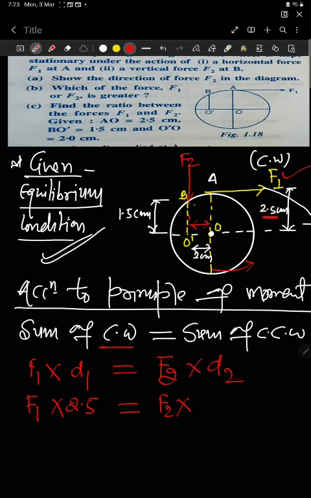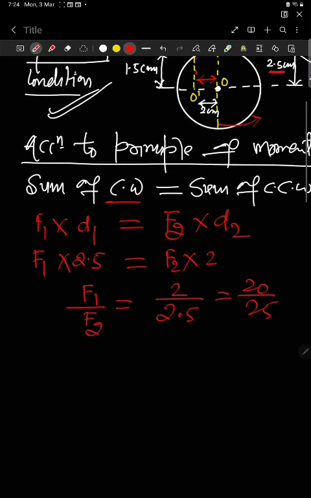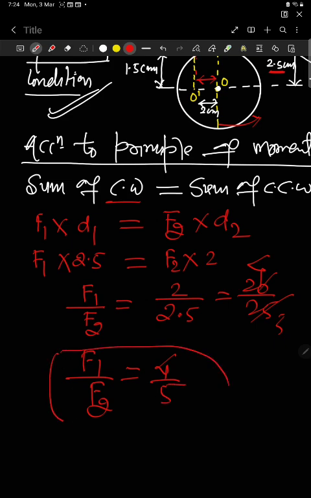This distance, because I have told you that we have to take force into perpendicular distance. This is the axis of rotation and this is the force, so with this distance we write 2. So F1 by F2 is 2 divided by 2.5, or 20 by 25. So F1 by F2 is equal to 4 by 5. This is the ratio.